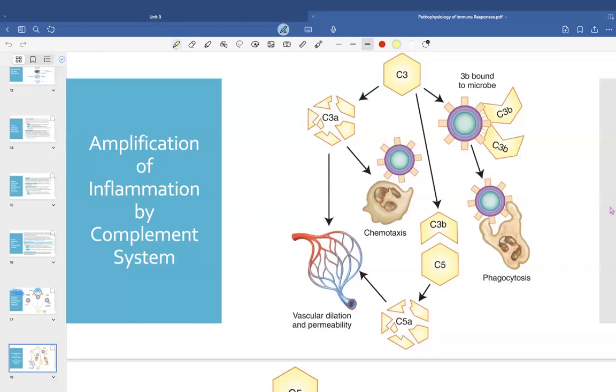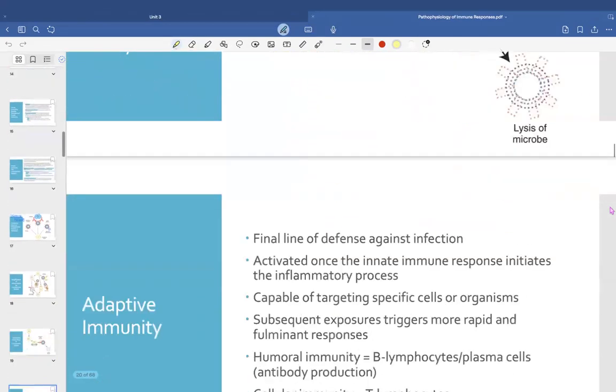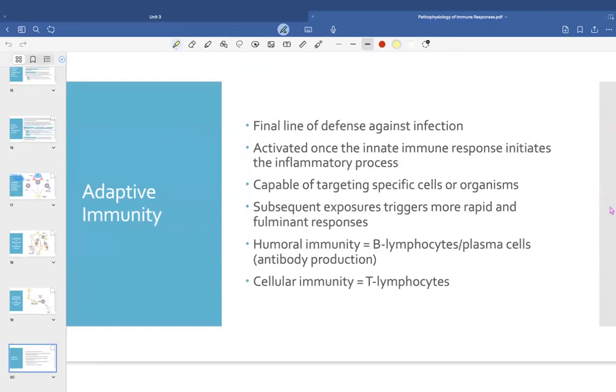All right, the adaptive immunity. This is our final line of defense. We have our barriers, we have our innate cells and complement and cytokines and all that stuff. Now we get to the very specific. This gets activated after your innate has already triggered the inflammatory response.